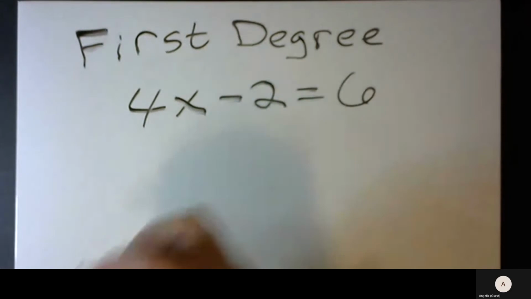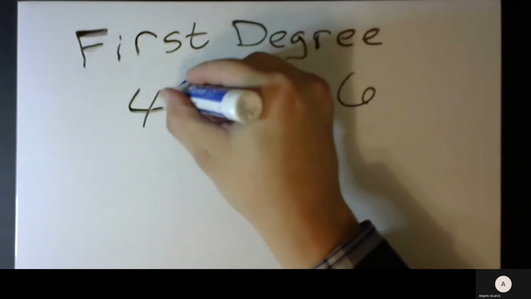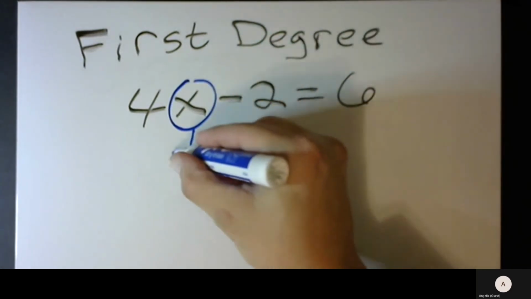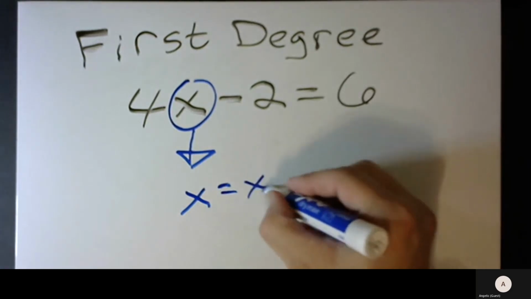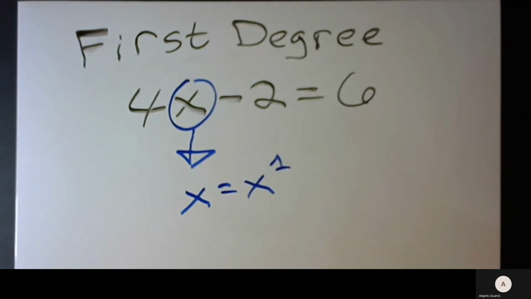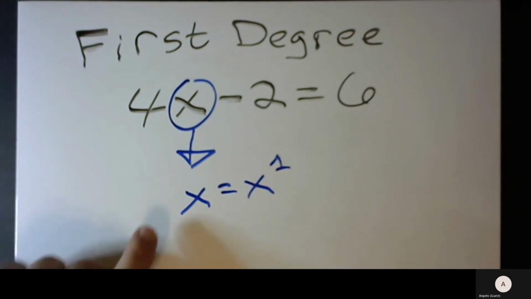So a first degree, if you notice, our x, this is x, which is x to the 1. So that's where we get the idea of first degree. We're looking at the degree or the exponent that's on the variable.